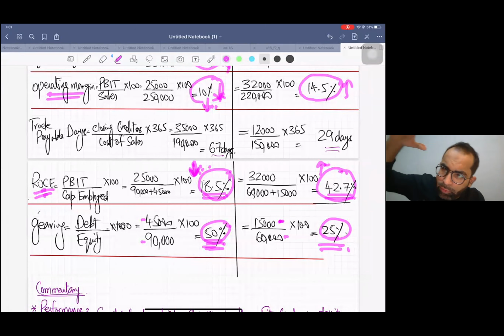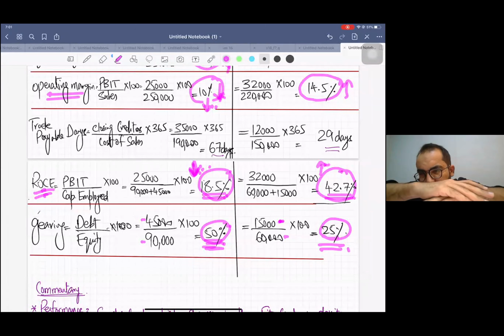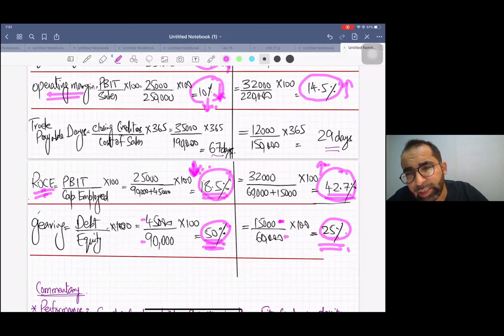High gearing means the company has taken a lot of loans. The loan burden is higher on the company, and a less geared company means a loan-free company, or a company with fewer loans.